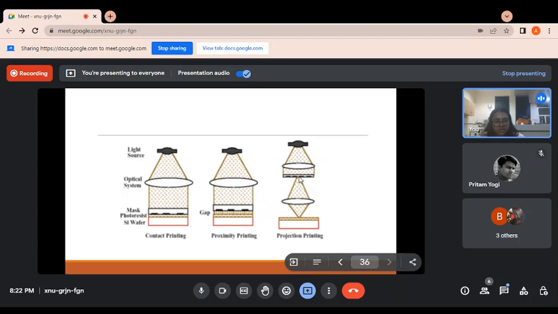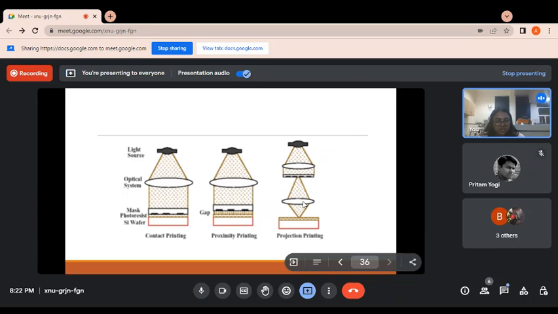When the light comes through the mask, between the mask and the photoresist there is a lens. So this is the main difference between proximity and projection. In proximity also there is a gap between the mask and the photoresist, but the gap is very small. In projection printing there is a gap, and we also use a lens in between, which increases the resolution.